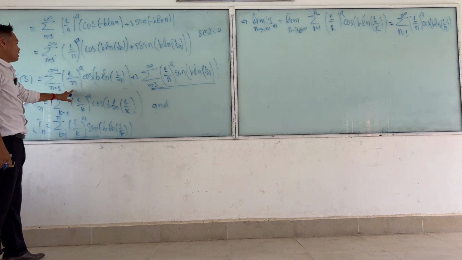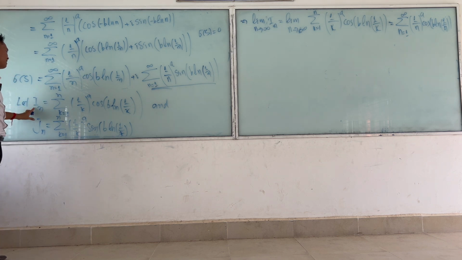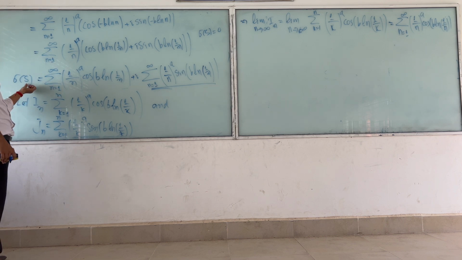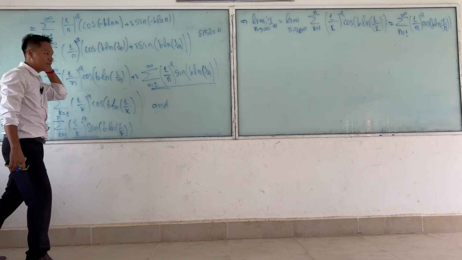I mean that after I define In like this, the limit as n goes to infinity of In equals the real part of the zeta function, zeta s. Okay?